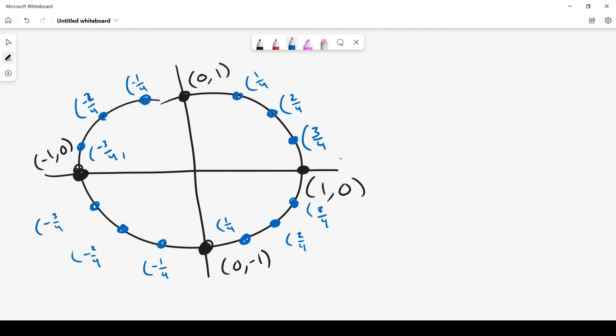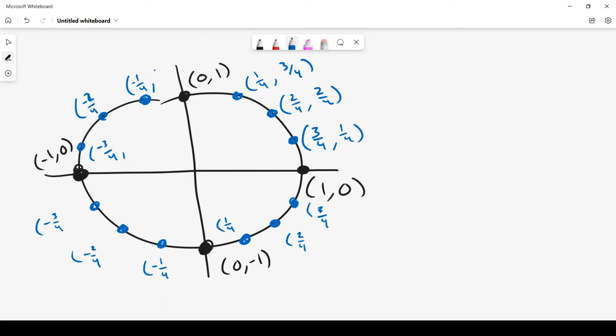And I'm going to do the same exact thing for the y values. So I'm going to do this quickly. 0 to 1, I'm going to be adding 1. And so I go from 0, add a quarter, 1/4, add a quarter, 2/4, add a quarter, 3/4, add a quarter, that's at 1. We're going from 1 to 0, which means I subtracted 1.